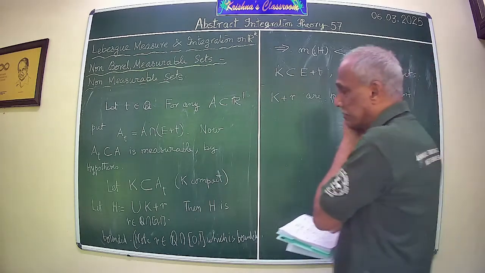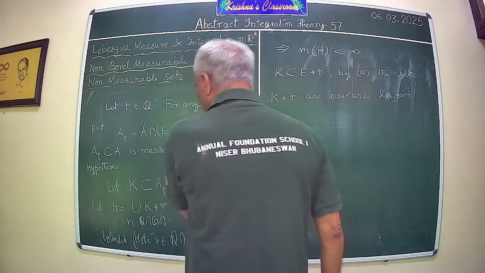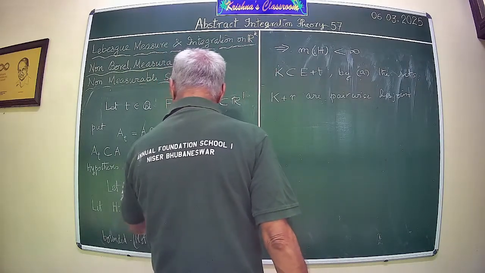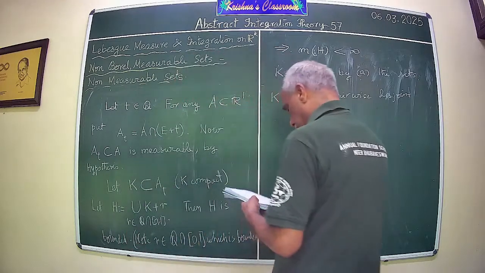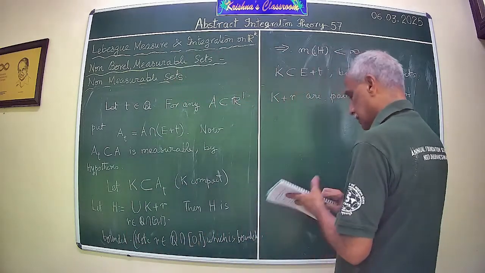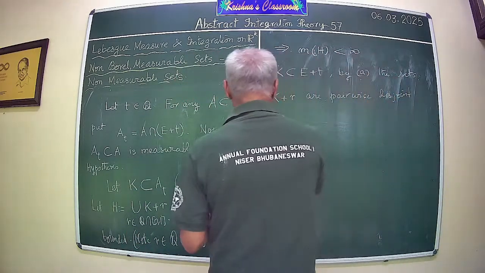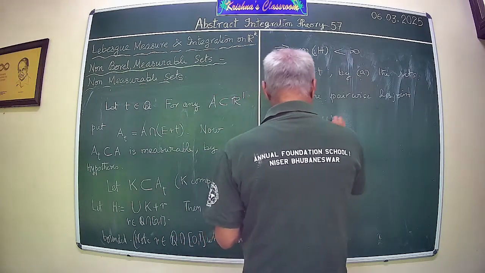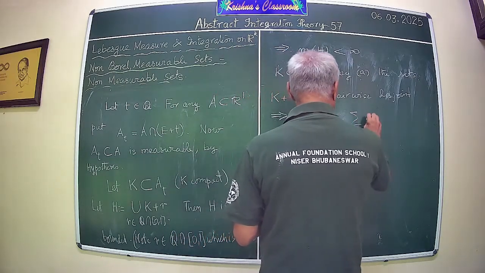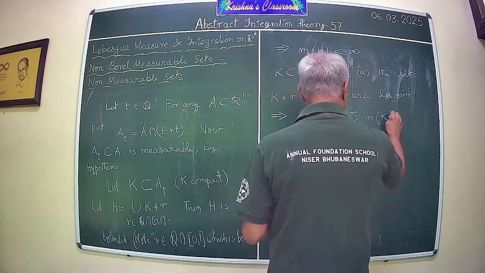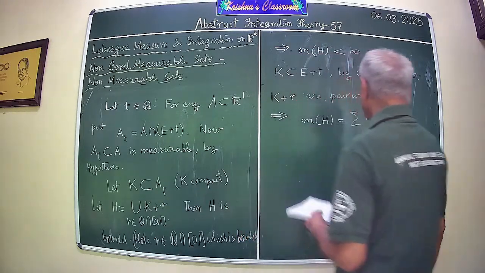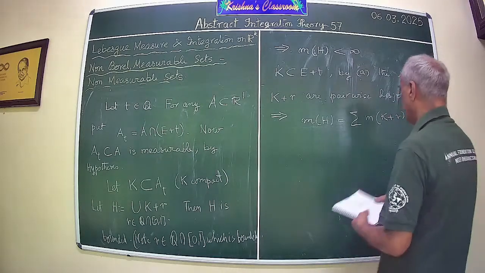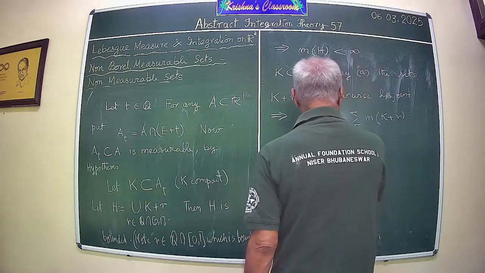This means that the measure of H is equal to the sum of the measures of K plus r.